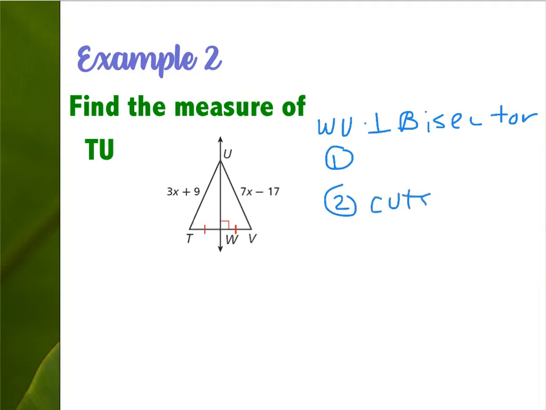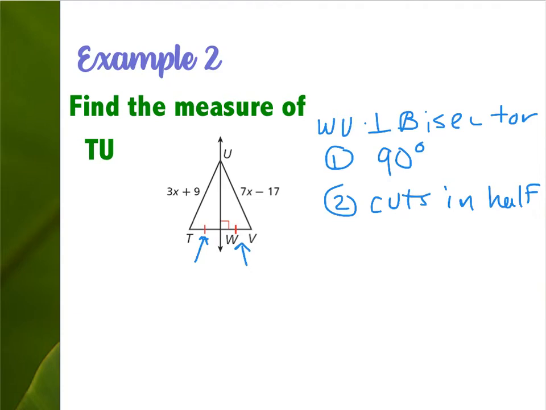So it cuts it in half. And we know that's true because we see the tick mark here and the tick mark there. So we know that that segment at the bottom, TV, is being cut in half. And what's the other rule? That it forms a 90-degree angle. So it bisects at 90 degrees.